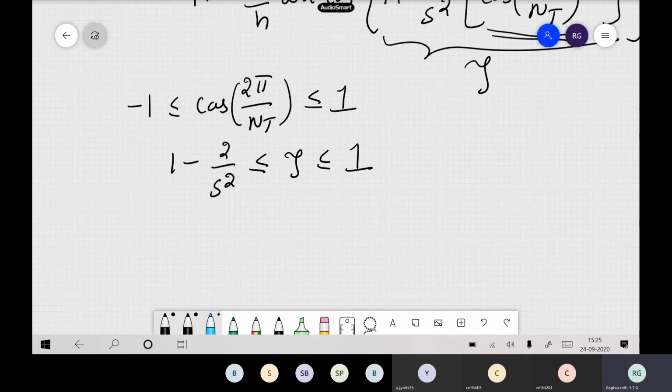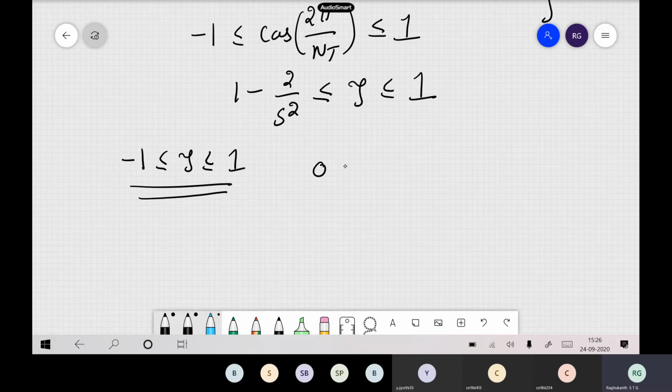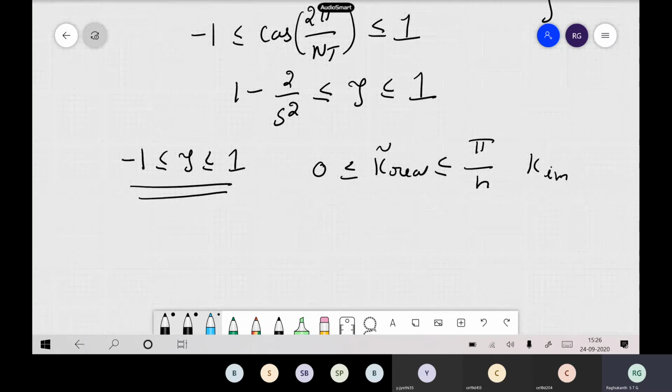Now here also we can recognize two cases. The first: -1 less than psi less than 1. Which means you will have only the real part, you can prove it yourself. So k real will be less than pi by h, whereas k imaginary will be 0.